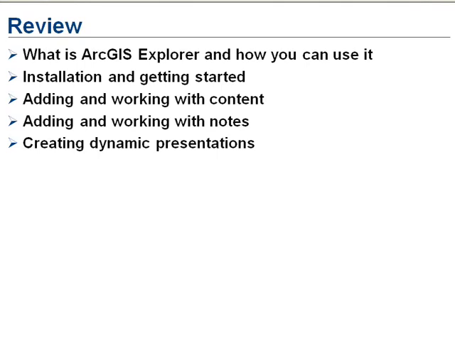We've also covered how you can add and work with the different types of content that ArcGIS Explorer supports, and we've shown how you can integrate a variety of different things like websites and pictures and text into the map by using notes and note pop-ups. And finally, we've shown how you can create dynamic presentations that allow you to interact with the map and record everything that you've done in ArcGIS Explorer.